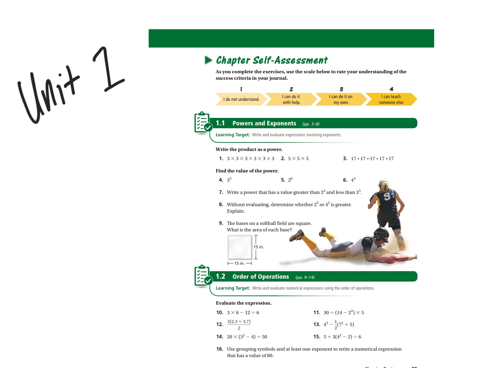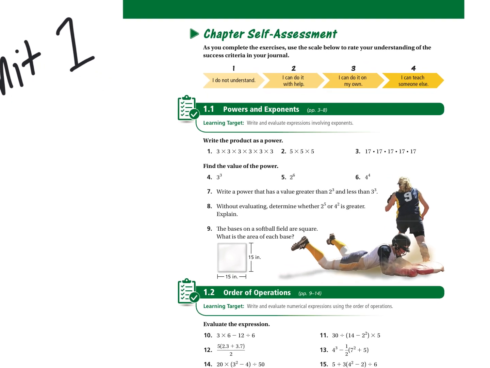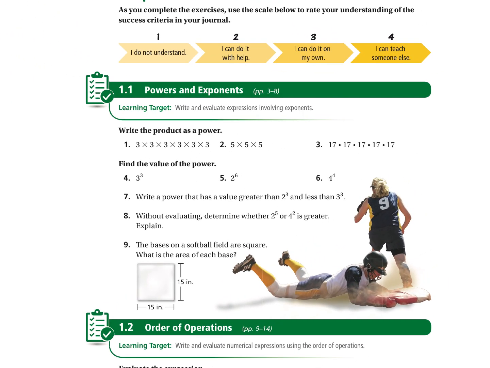So let's go ahead and walk through your Unit 1 lessons so that you can get a sense of what will be on the test. In 1.1, I would say as you're studying, focus on turning products into powers, which is another way of saying make these problems written with exponents.